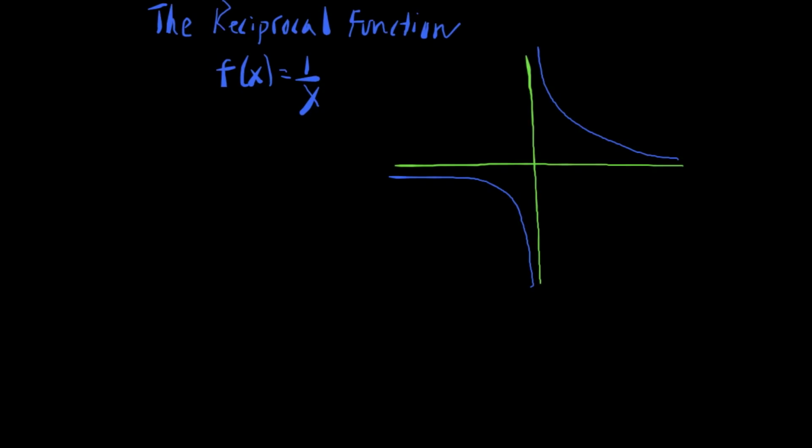The domain is from negative infinity to 0 and 0 to infinity. This is because there's a vertical asymptote at x is equal to 0. The range is from negative infinity to 0 and 0 to infinity. This is also because there is a horizontal asymptote at y equals 0.